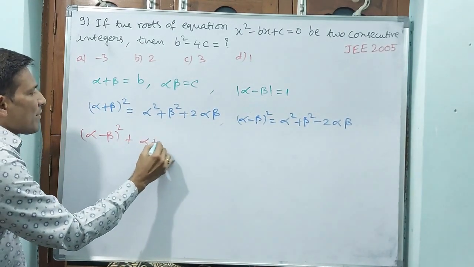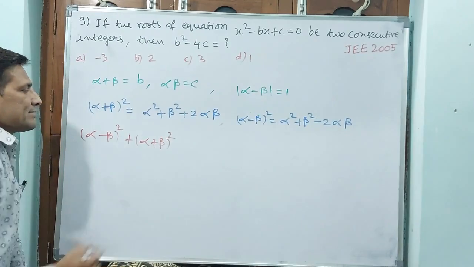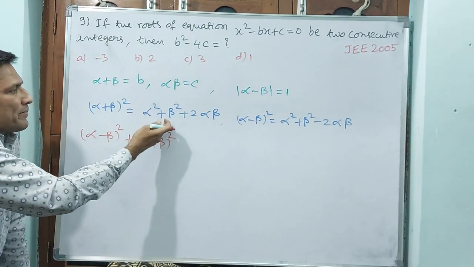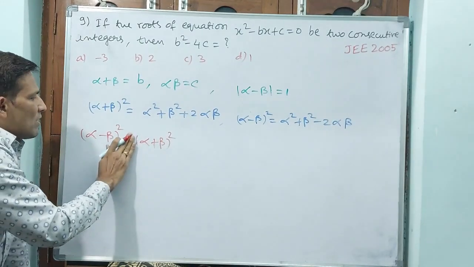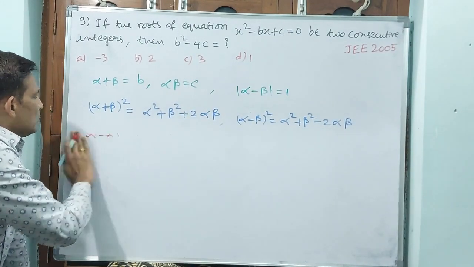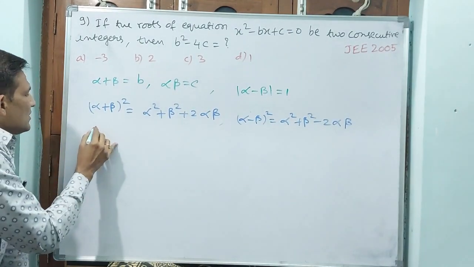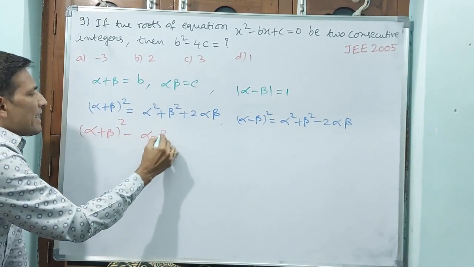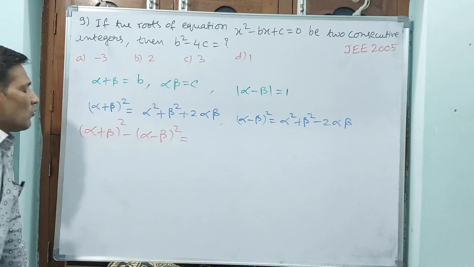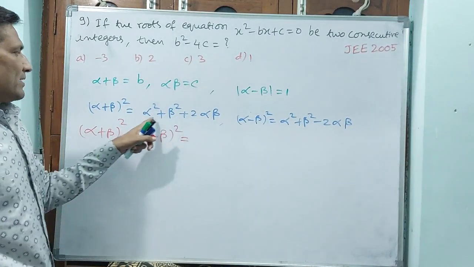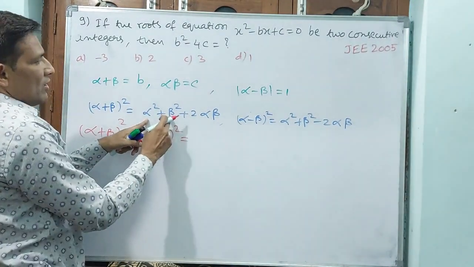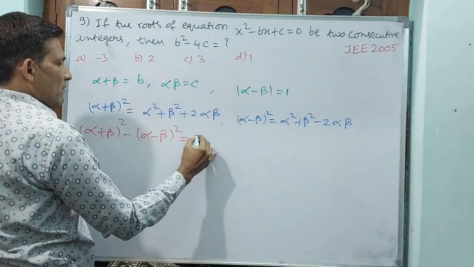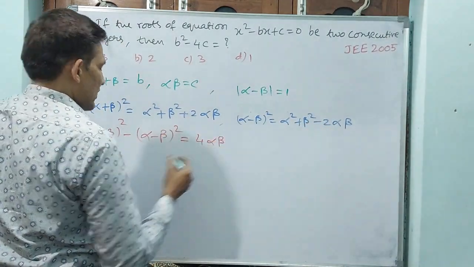Alpha plus beta whole square minus alpha minus beta whole square is equal to, subtracting, alpha square and beta square are going to get cancelled. 2 alpha beta minus minus 2 alpha beta, 4 alpha beta is going to come.